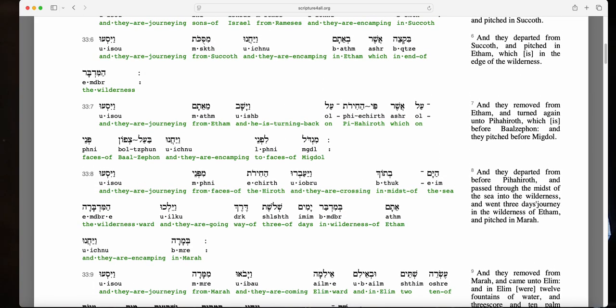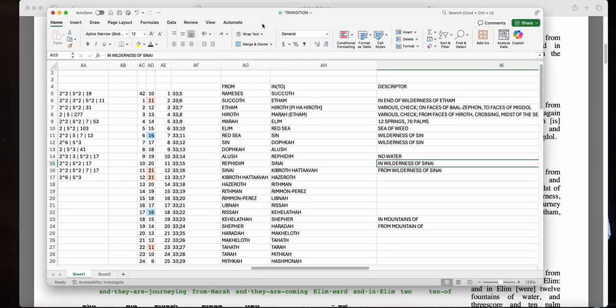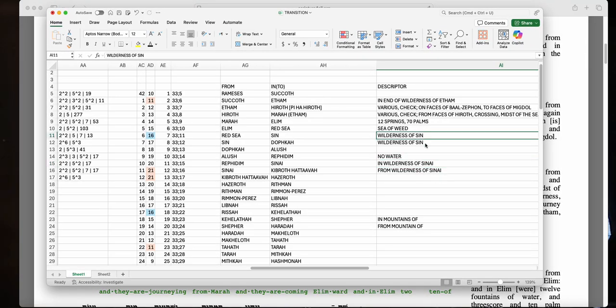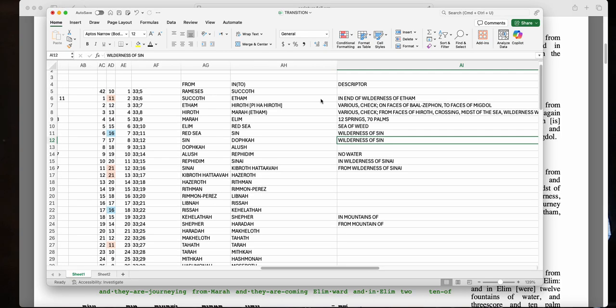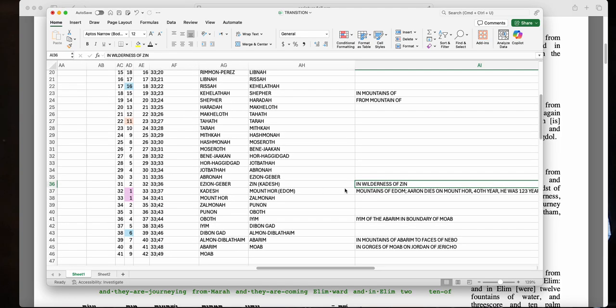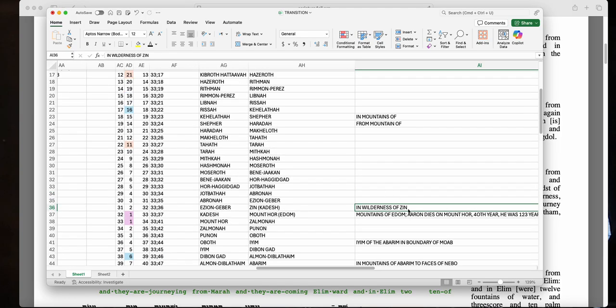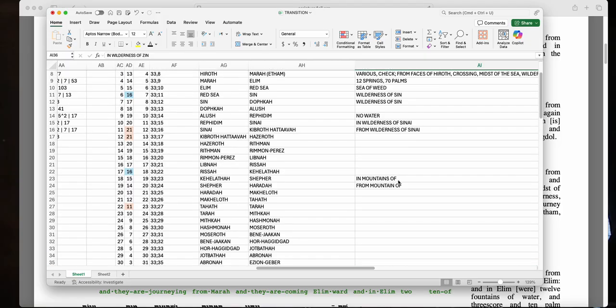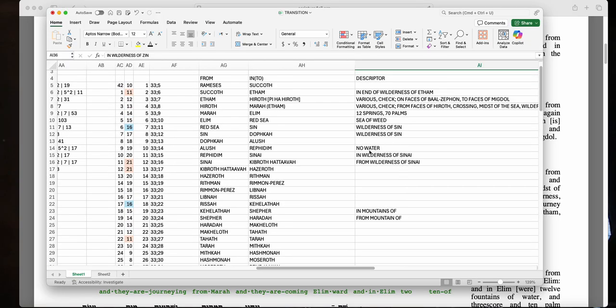There's a few places where you're going to see the wilderness being mentioned, and in some of these points, wilderness of Sin, wilderness of Sinai, and the wilderness of Zin. So it's kind of interesting that we've got a similar sort of noun or proper name there that we're using. But yeah, then there's other descriptors in the middle of here. So, what does all of this stuff mean?